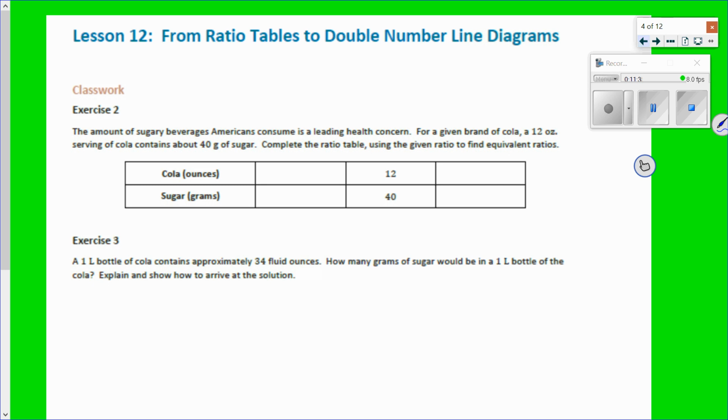This is on page 50. Are you in module 1 or module 2? Look on the upper right. Page 50 is module 1. Page 47, my bad. False advertising. 50 starts lesson 12.